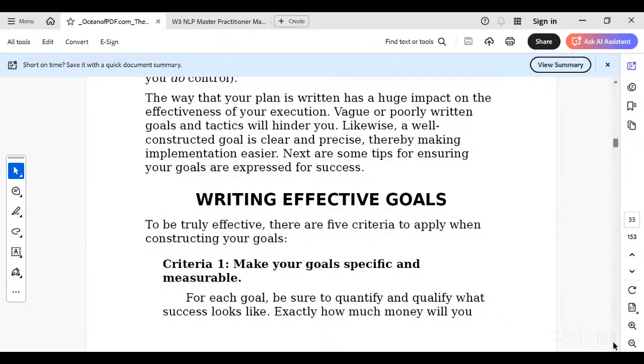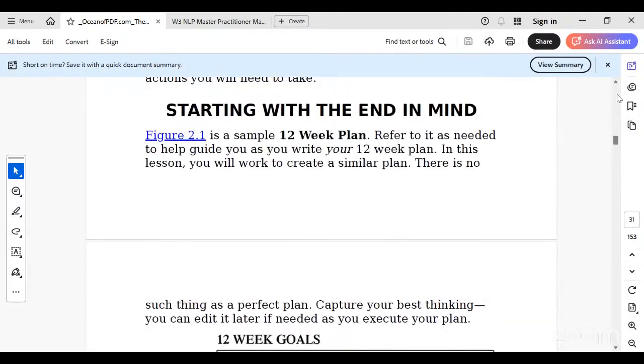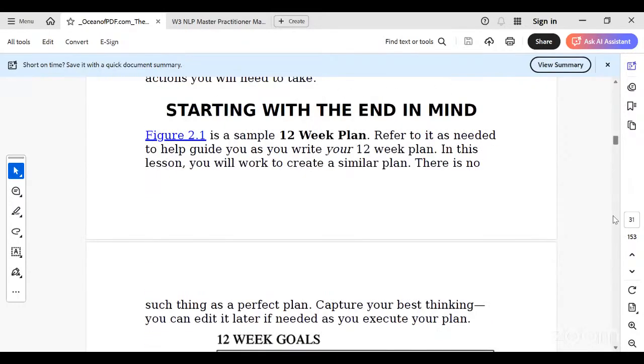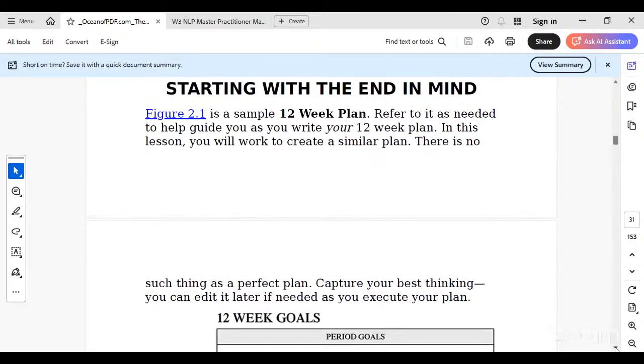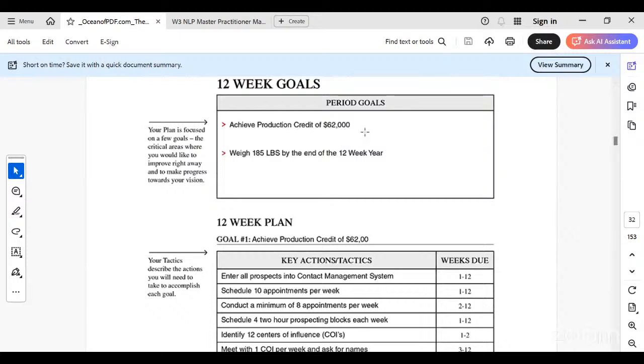I may be wrong. So she's asking about the title of the first goal. Yeah, that title is period goals. So she's asking what is period goals. Okay, period goals: for this 12-week period, what is the goal? Okay. Got it.